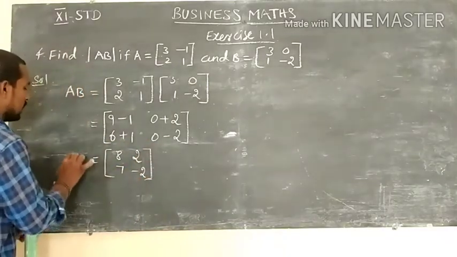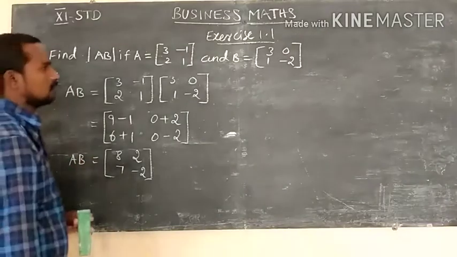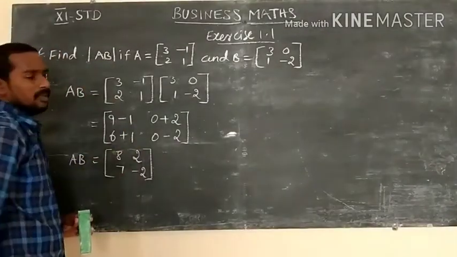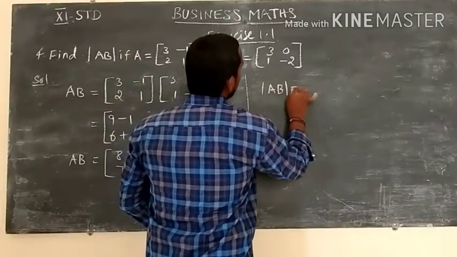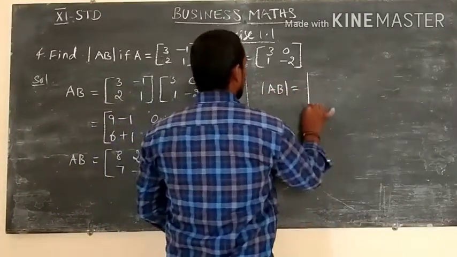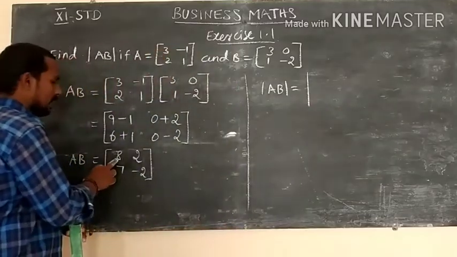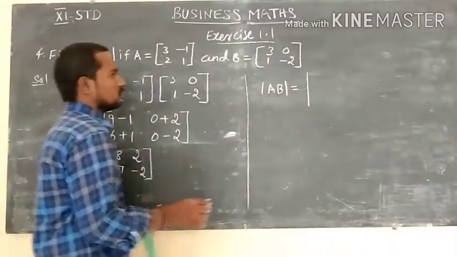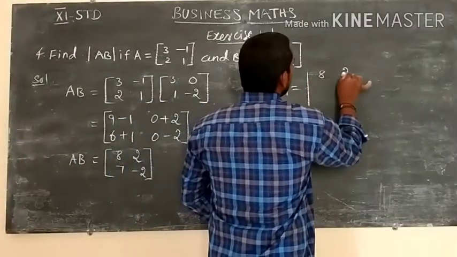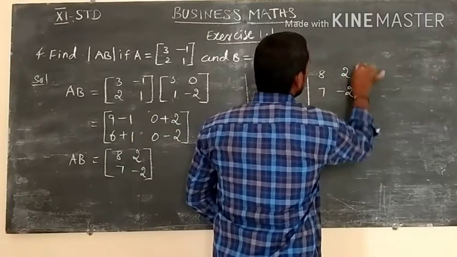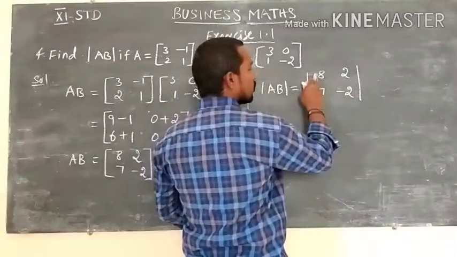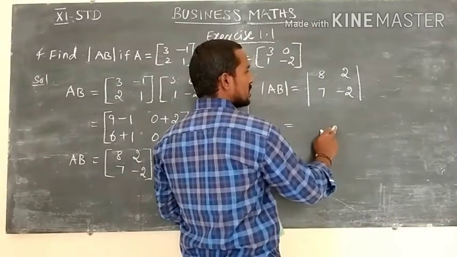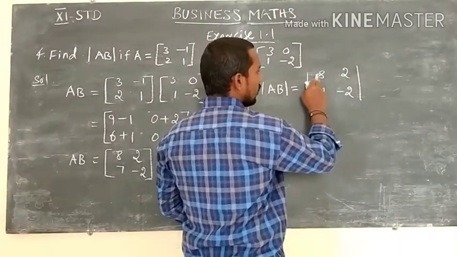Now we get the AB value. Then find the determinant of AB. The determinant of AB equals the determinant of [8, 2; 7, -2]. Expand the value: product of the leading diagonal minus product of the secondary diagonal.